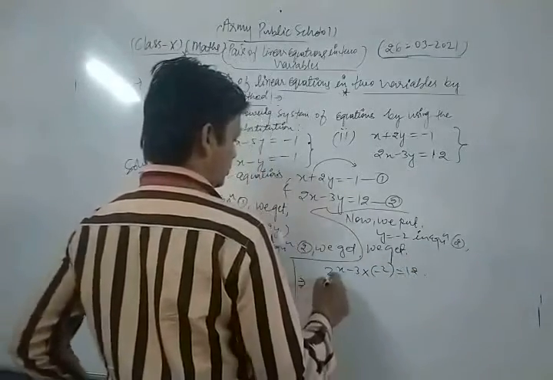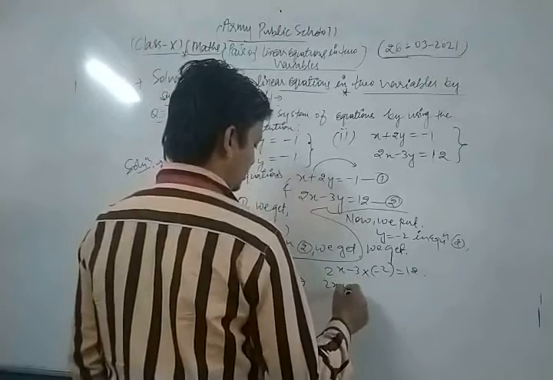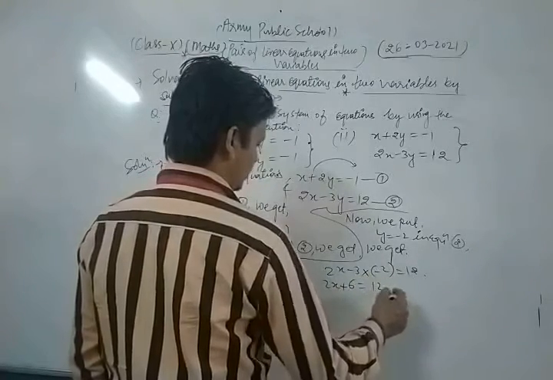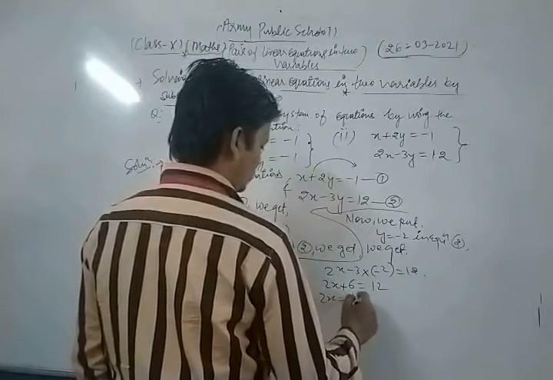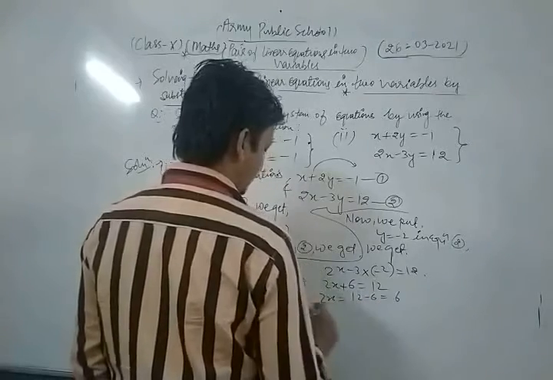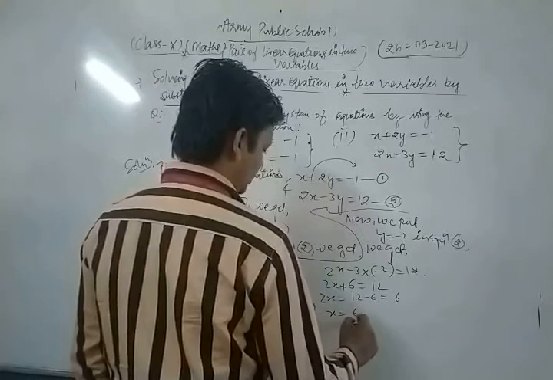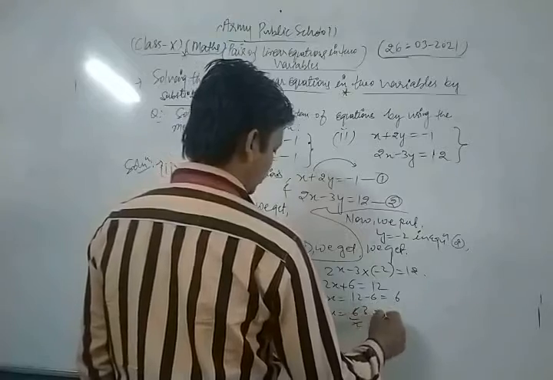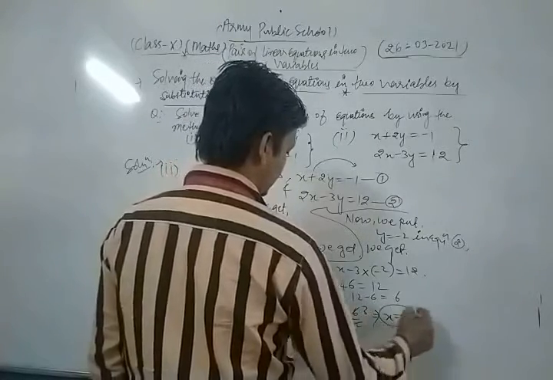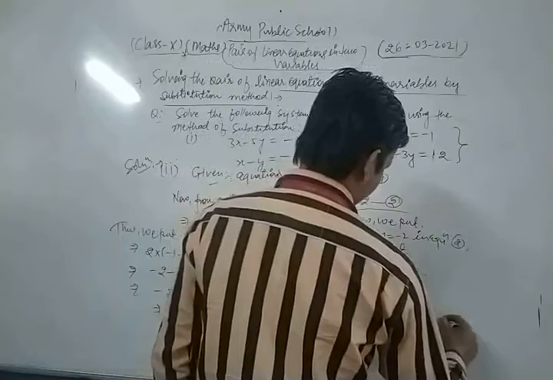Now 2x minus minus, plus 3 to the 6, is equal to 12. So 2x is equal to 12 minus 6, that is 6, that is x is equal to 6 upon 2, 2 3 to 6, thus the value of x is 3. This is the another answer.